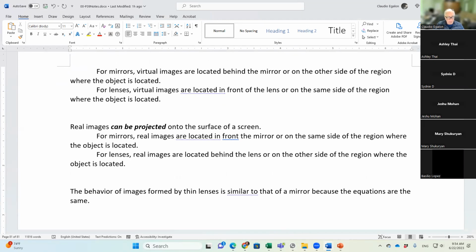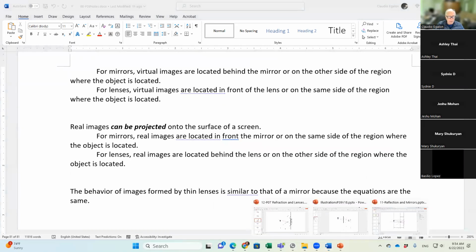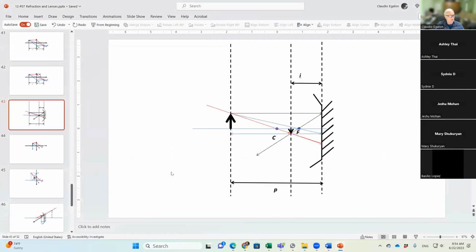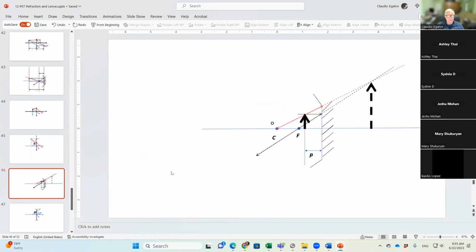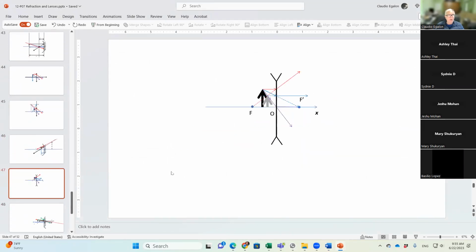And then we get to the point where we can start talking about negative lenses. Okay, good. Here you go. That's the symbol of a negative lens, with those arrows inverted.